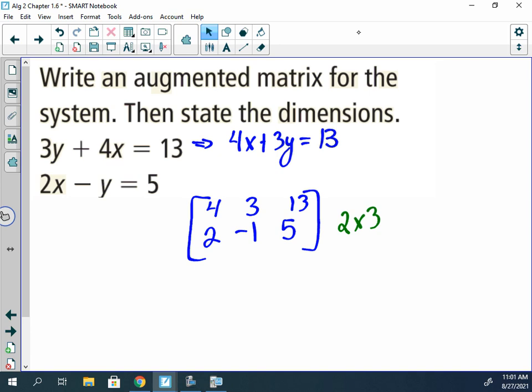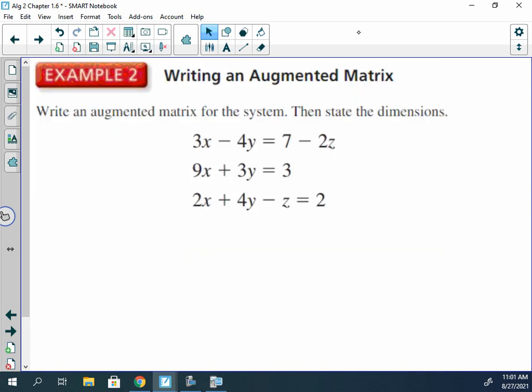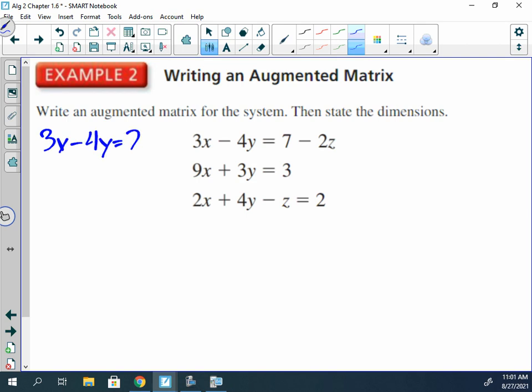Are we ready for the next one? Are all three equations written in standard form? The -2z is on the wrong side. We want all the variables on the same side. So I'll write it out here to the side: 3x minus 4y equals 7 minus 2z.